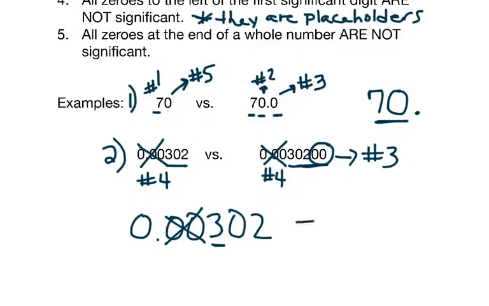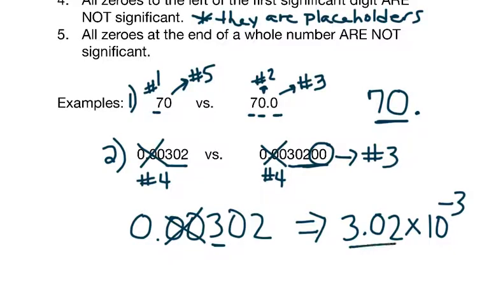The other thing that I would show you to sort of cement the fact that they're placeholders is that you could write this in scientific notation and you would not need those zeros to the left at all. If you wrote this in scientific notation, you would just include those 3 digits, which are the significant digits. You would not include the ones on the left.